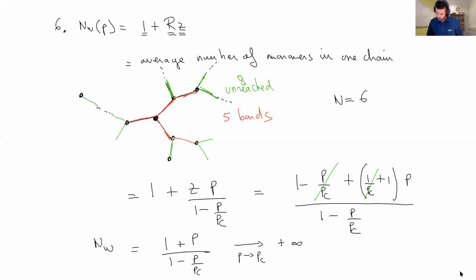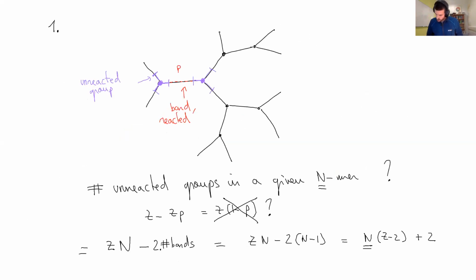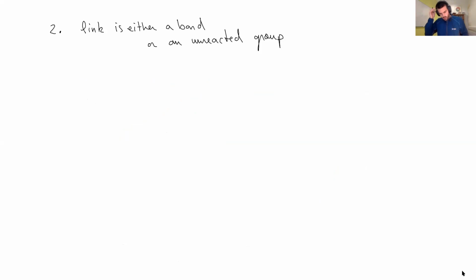That's what is going on. That will help me to calculate the full distribution. So let us do that. So how many links, first there is this question, I forgot it. How many links are there in a given n-mer?